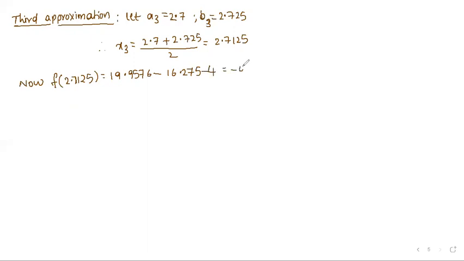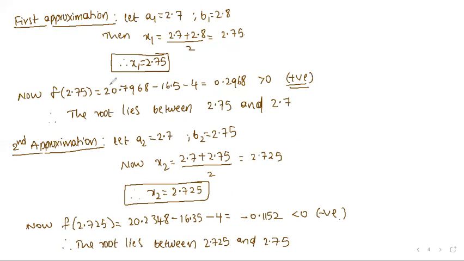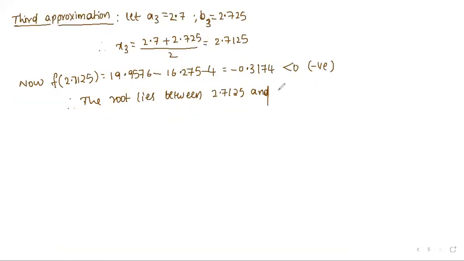We get negative value 0.3174 less than 0, negative. Therefore, the root lies between negative అంటే 2.7125 and మనకి పాజిటివ్ ఎవరు వచ్చారు పైన పాజిటివ్ అంటే 2.75. కాబట్టి నెక్స్ట్ ఫోర్త్ అప్రాక్సిమేషన్.